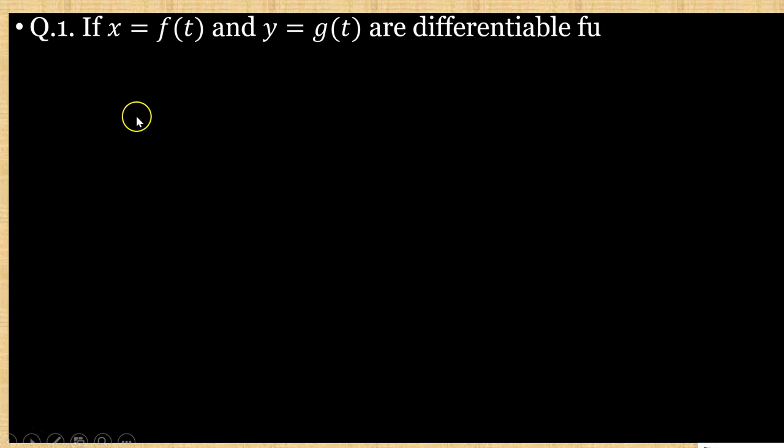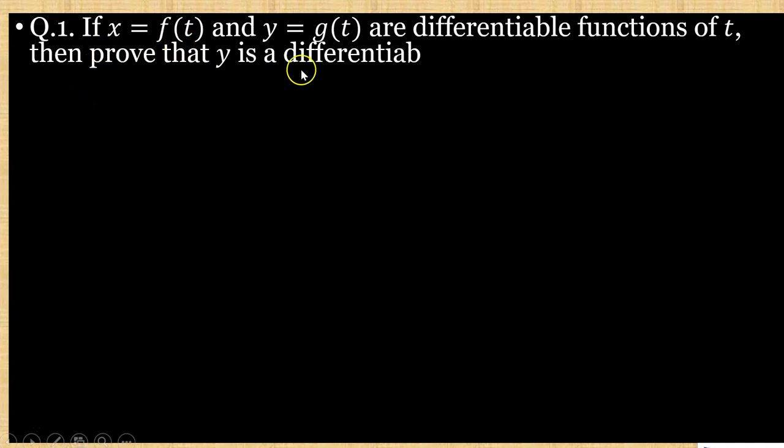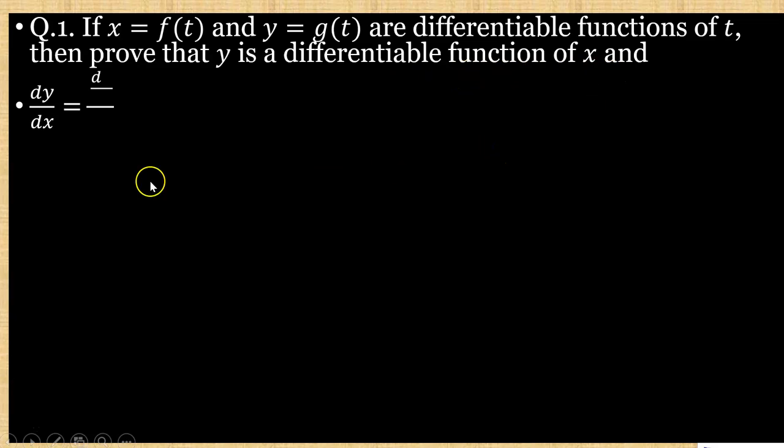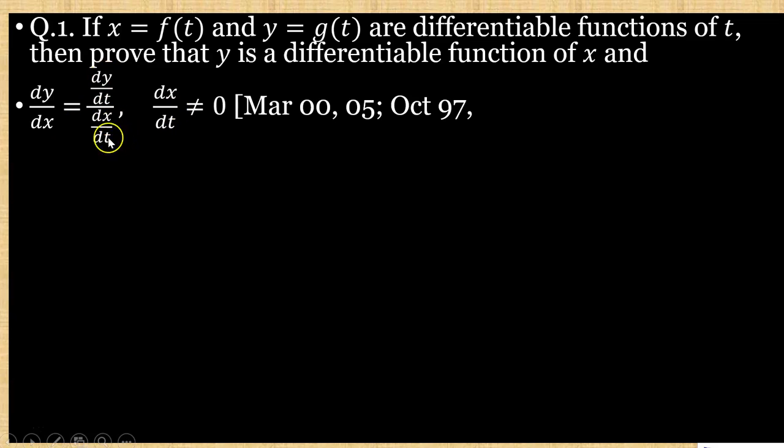Now the first question, number 1: if x is equal to f of t and y is equal to g of t are differentiable functions of t, then prove that y is a differentiable function of x and dy by dx is equal to dy by dt upon dx by dt, where dx by dt is not equal to 0.